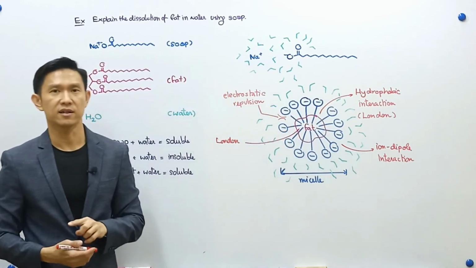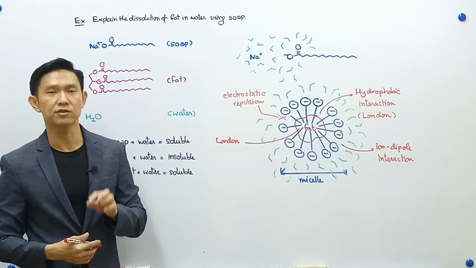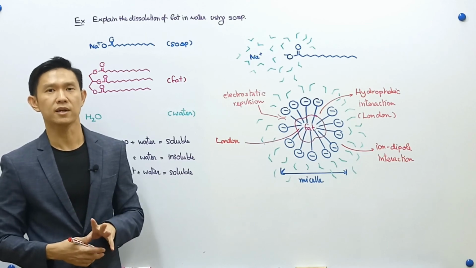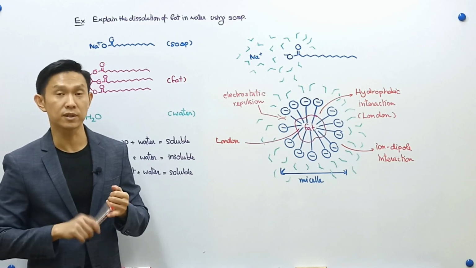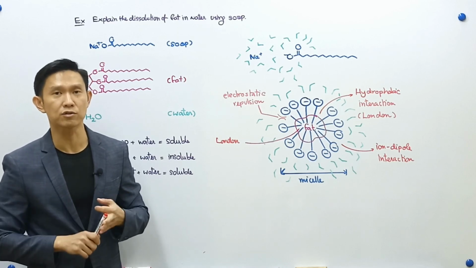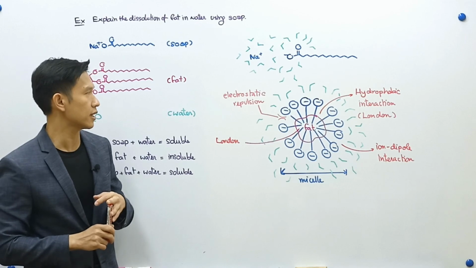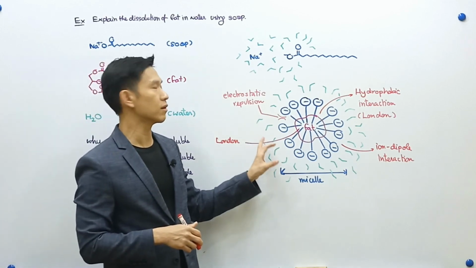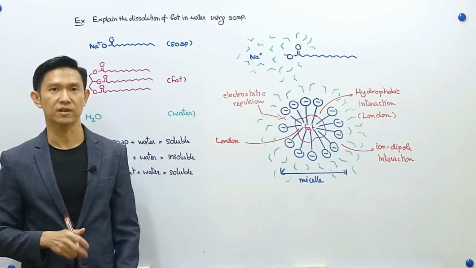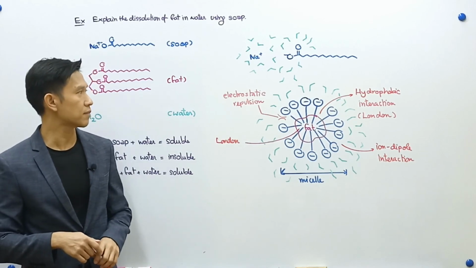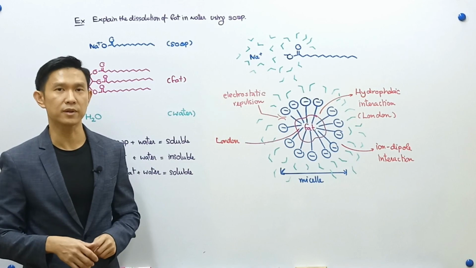As I said, the intermolecular interaction does not only describe physical properties like melting point, boiling point, and the dissolution of things, but it can also describe molecular assembly like this in the system as well. And this is all about the dissolution of soap into water.